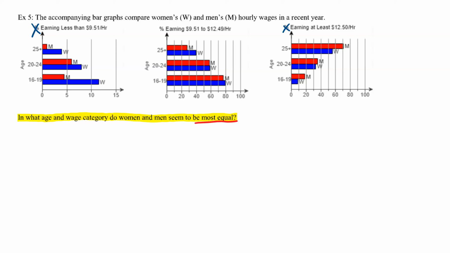If we look collectively at the age and the wage category, the wage does appear to be kind of even in that 20 to 24 age group in all 3 instances. Those are pretty even. But it's the most even right here in the middle, when we compare those earning $9.51 to $12.49 per hour.